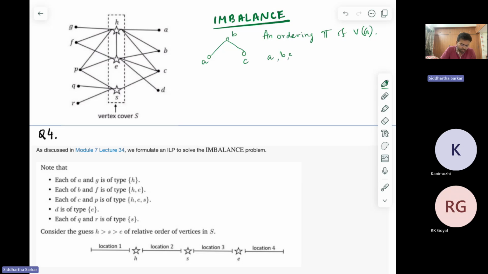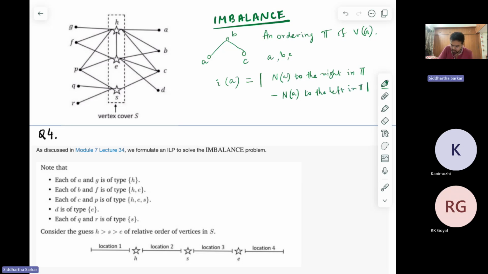Okay. So the imbalance of vertex A with respect to this ordering is how many neighboring vertices of A to the right minus the neighboring vertices of A to the left. So I will write this way: neighbors of A to the right in the ordering pi, minus neighbors of A to the left in pi.